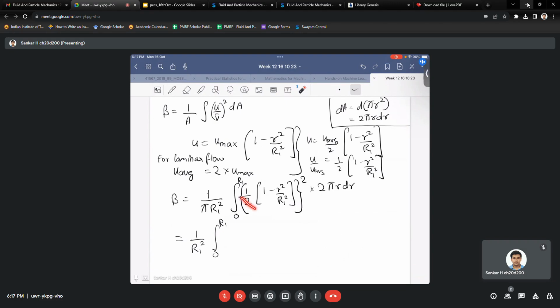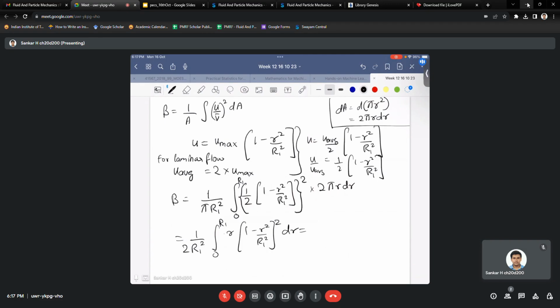This pi gets cancelled, 2 becomes 2 square because there's a square here, and there's a 2 here which gets cancelled, so there will be a 2 in the denominator here, times we just have to integrate r times 1 minus r square by r1 square the whole square dr. We need to integrate this now.